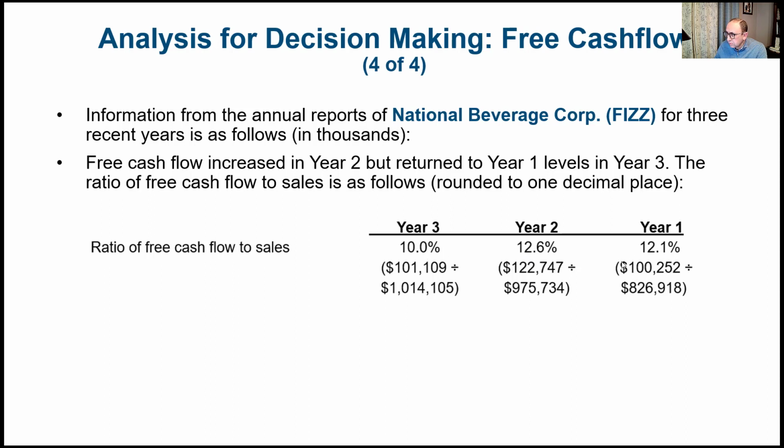This is the amount of the free cash flow divided by sales. You can see it was 100, went up to 122, then went down to 101. The percentage went down slightly in year 3 because sales was increasing, yet the free cash flow went down a little bit.